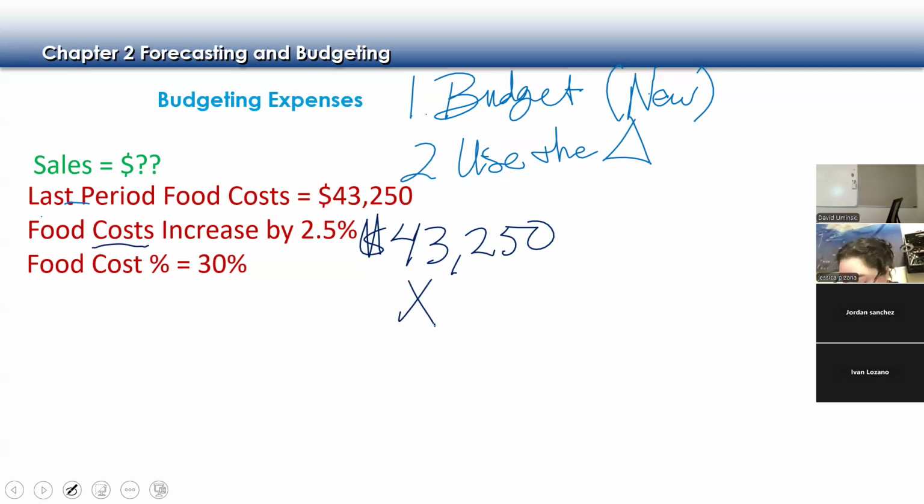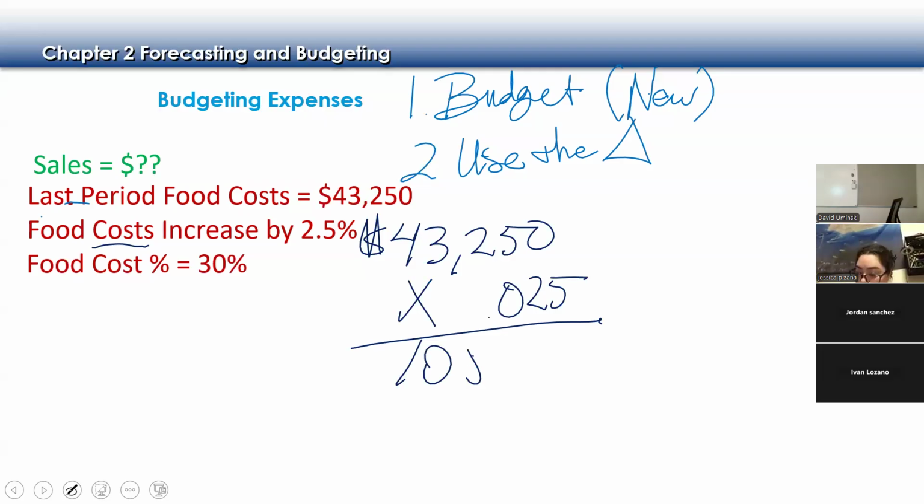So we multiply by 0.025. And what do we get when we multiply $43,250 times 0.025? 10,812.5. Do we all agree?